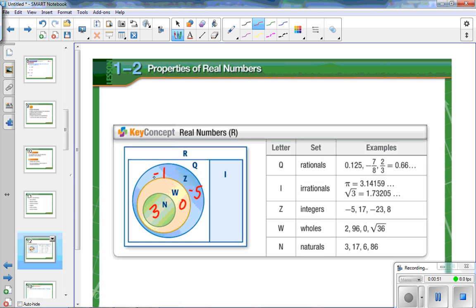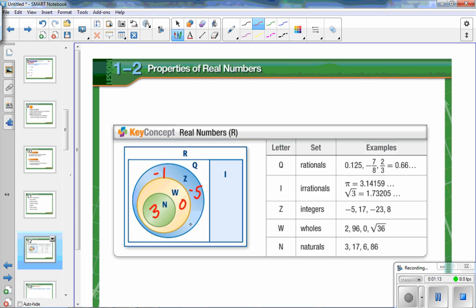You can think of integers as whole numbers and their opposites. -5, because it's an integer, it's also rational and it's also real. So as soon as you identify the innermost section, it's all of the things outside of that as well. But notice those are not including this little box over here.